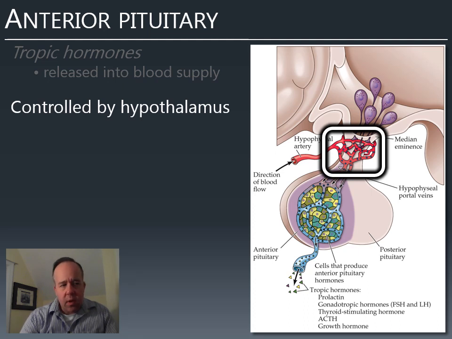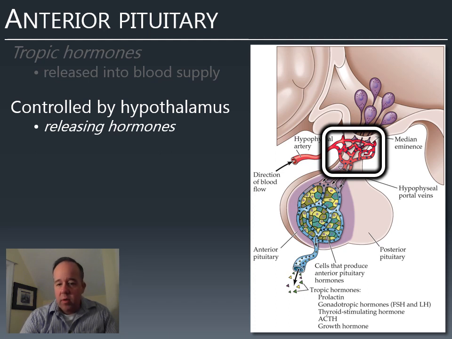So the hypothalamus has neuroendocrine cells where the terminals don't go all the way into the anterior pituitary. Instead, they connect to blood vessels that then go into the anterior pituitary. So you can't just have the hypothalamus releasing the tropic hormones. They secrete what are called releasing hormones. The neuroendocrine cells, as a first step, secrete these releasing hormones.